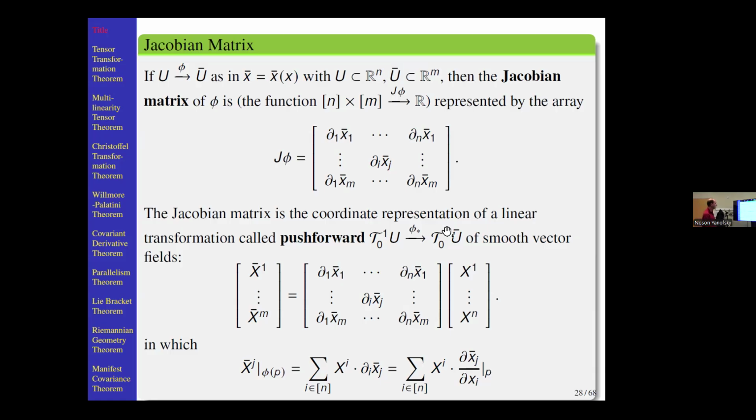There is in the literature this thing that instead of using the Jacobian or a T for the functor defined by a smooth map between domains, they use a star on the function phi. Here's phi.